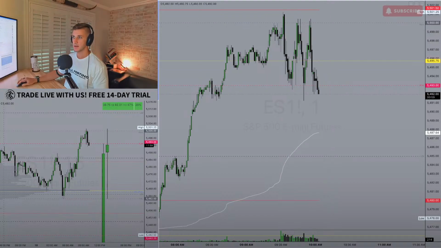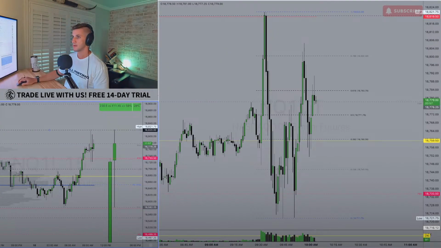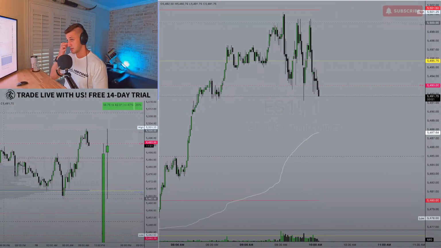ES currently sitting on the lows. NQ still in the middle of the current range. So ES actually much weaker now.